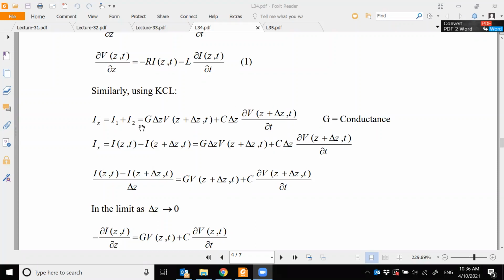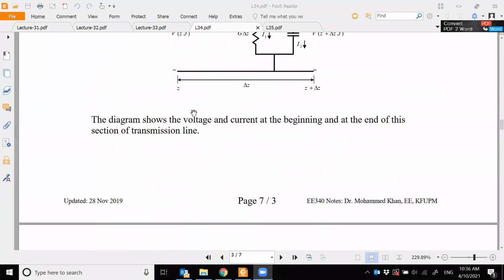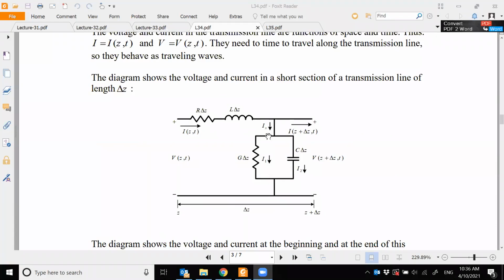Now, what is my I of X? I'm now trying to find my I of X. So this is the right hand side. I got the right hand side. Now I'm rewriting the left hand side, I of X. So what is I of X? If you go here, my I of X is nothing but this current minus this current, right?